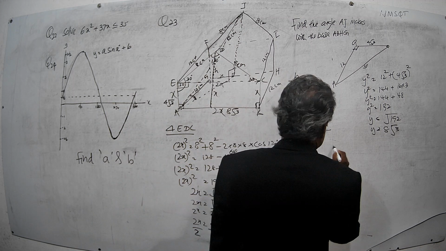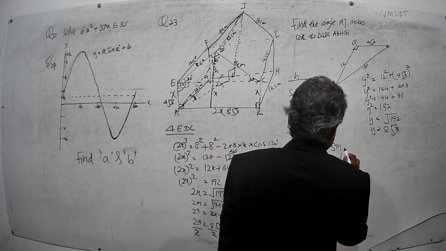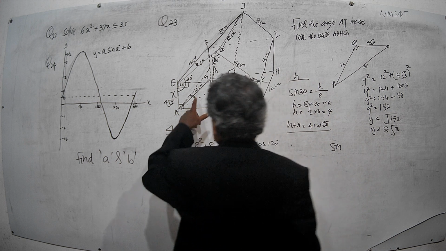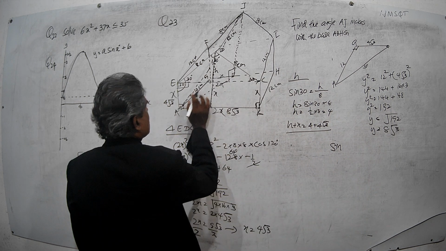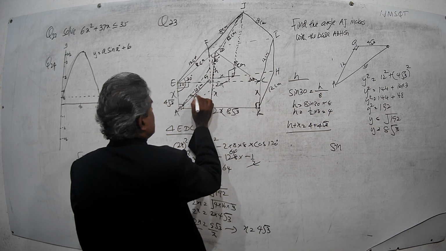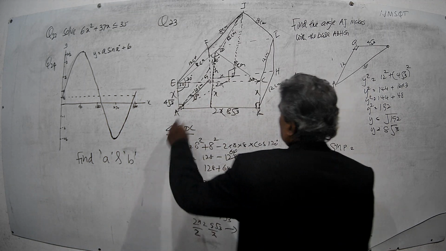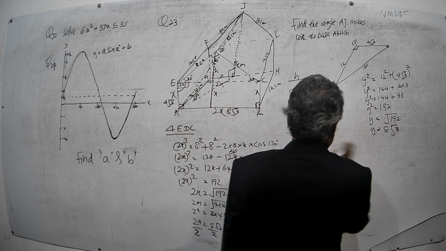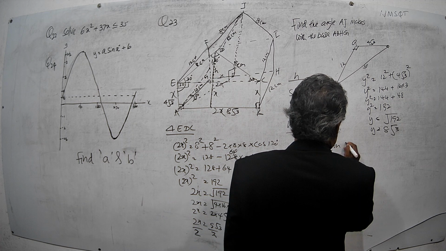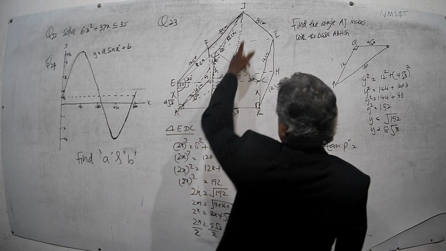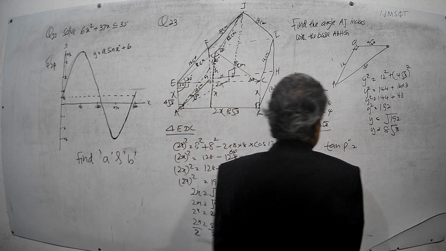We take this angle P. Then tan P equals opposite side over adjacent side.